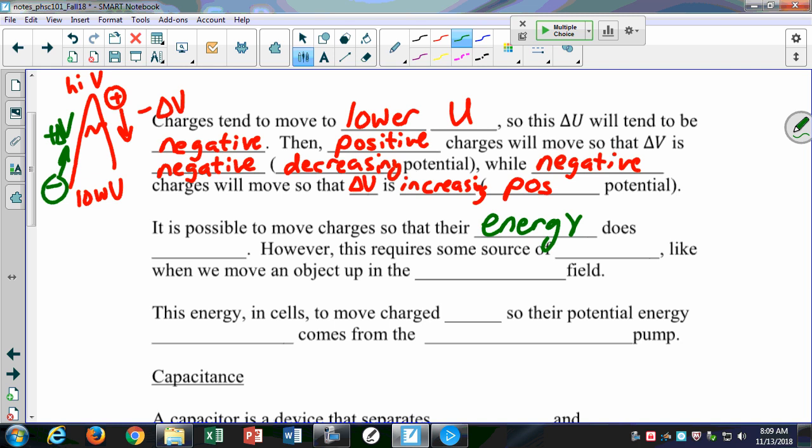Likewise, if I move from here to here, my potential energy of this negative charge is also decreasing. However, it is possible to make the potential energy increase. However, this requires some source of energy.